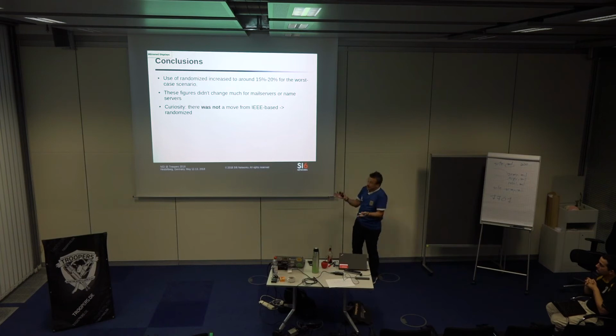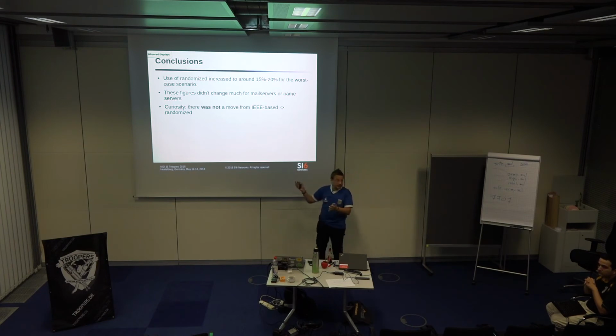The only thing is that I cannot really explain the results, because it's not that we replaced the MAC addresses with these random numbers. So we still have the same amount of addresses that use MAC addresses, but for some reason there are some addresses that converted to using random interface identifiers. So I don't have an explanation for that.